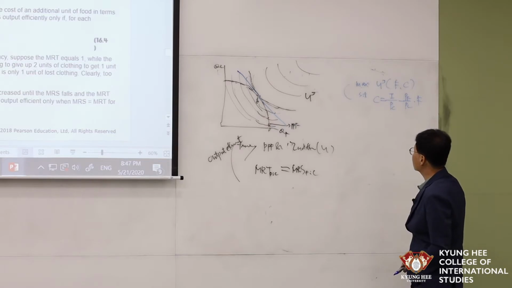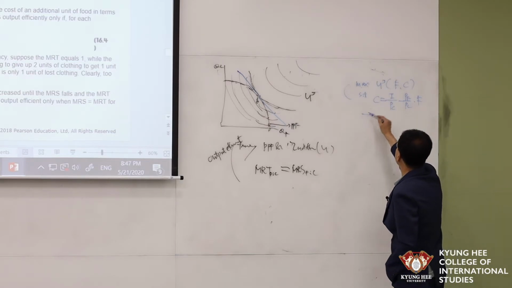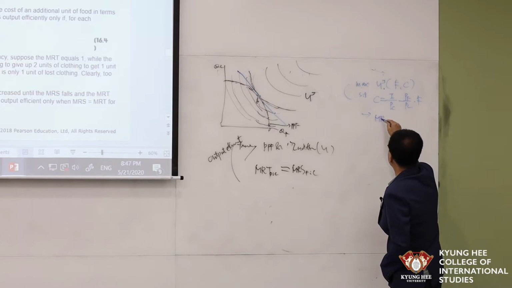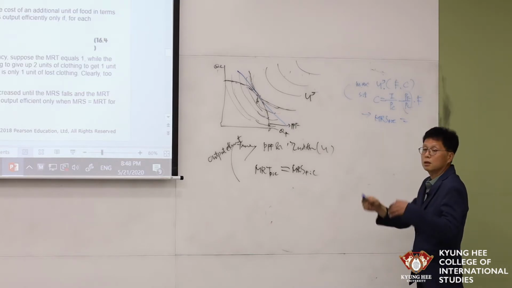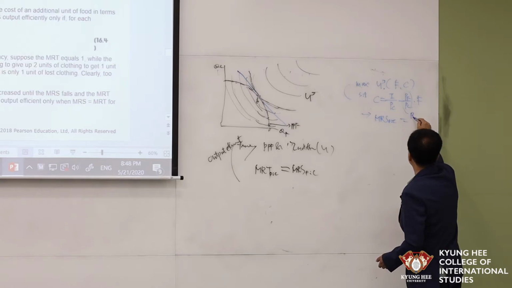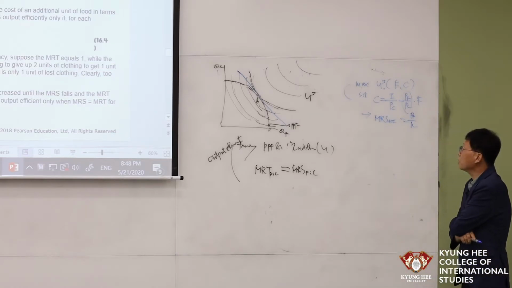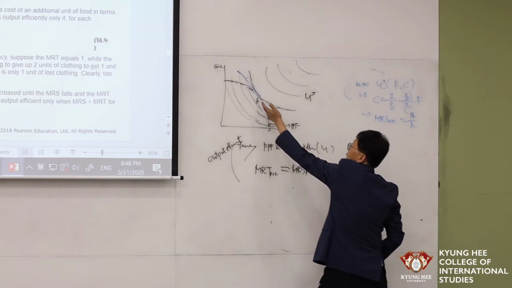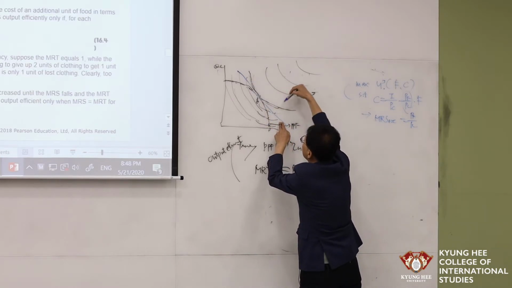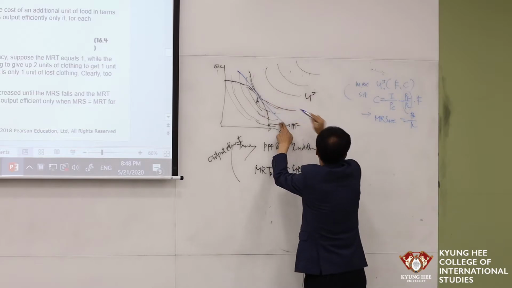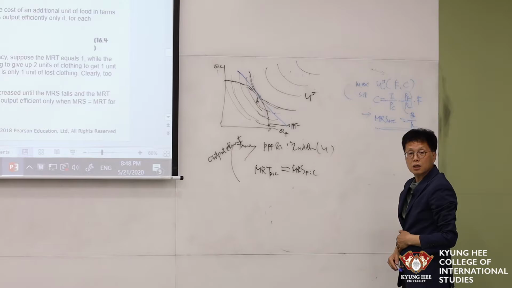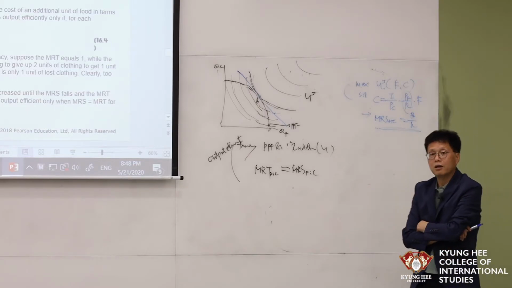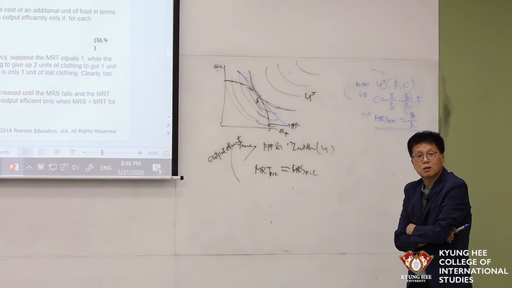So the consumer utility maximization condition is that the slope of the indifference curve, MRS, food for clothing, for James should be equal to the slope of the budget constraint, that is PF over PC, right? This is the budget constraint, and you want to touch the highest indifference curve. Also, you studied the value maximization problem in production theory.